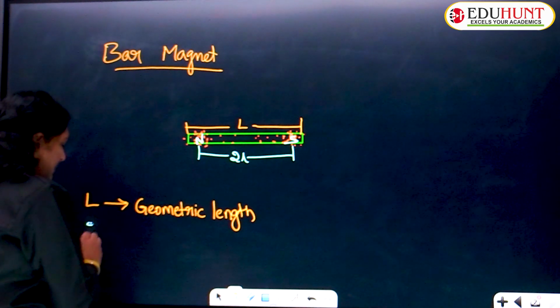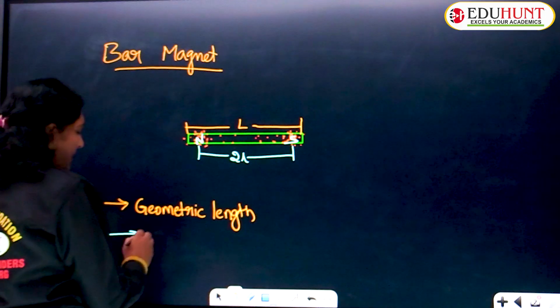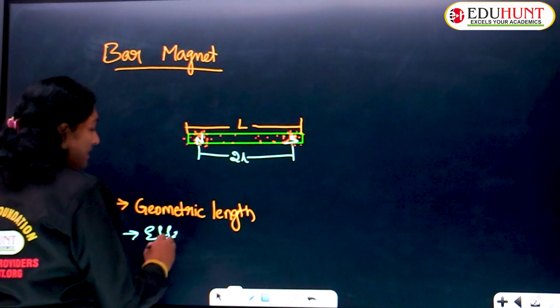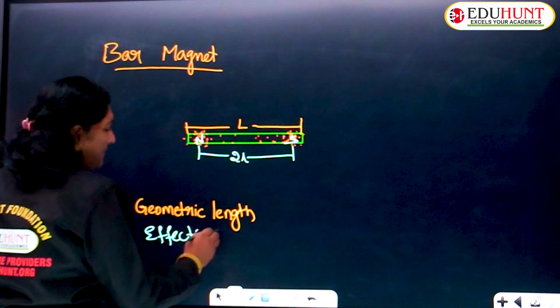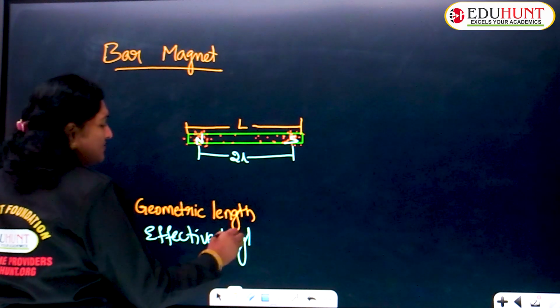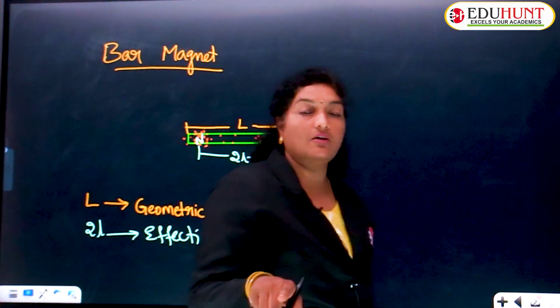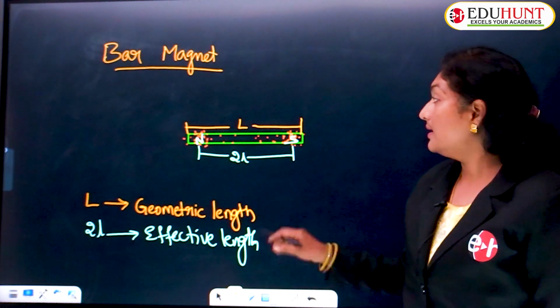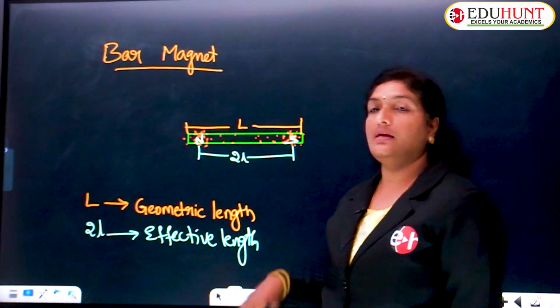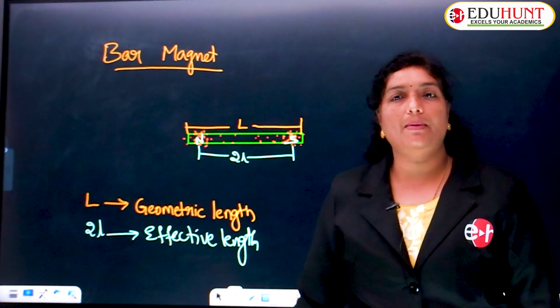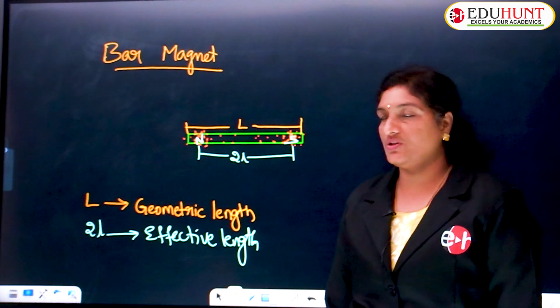That is generally indicated with the letter 2L, and this 2L is nothing but the effective length of the bar magnet. Whatever you measure with the help of a scale gives the geometrical length of a bar magnet, whereas the distance from one pole to the other pole gives the effective length of the bar magnet. I hope you understood this concept, children.